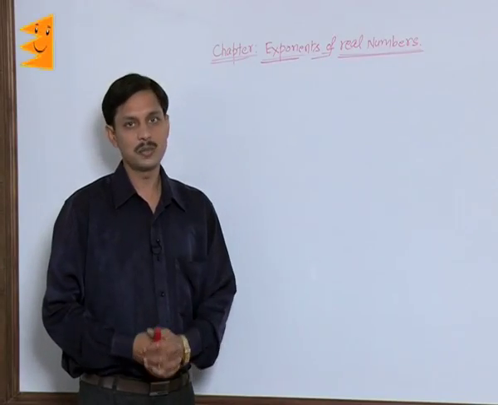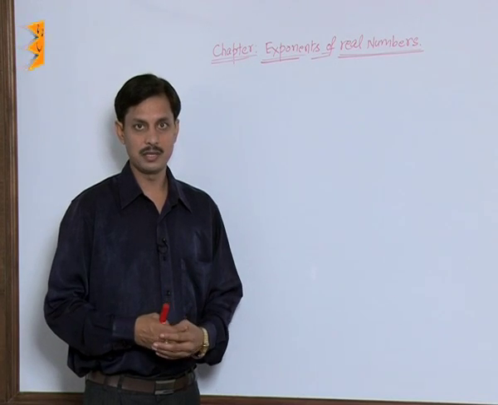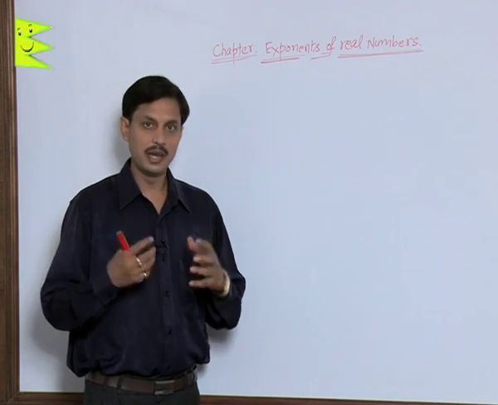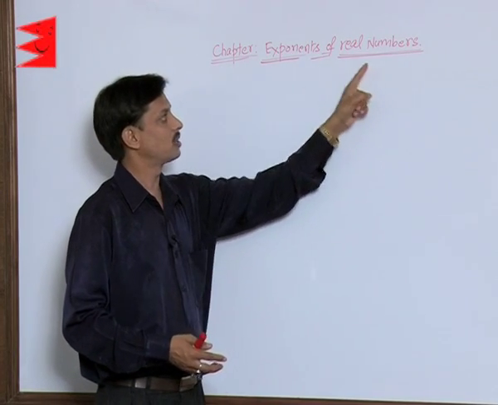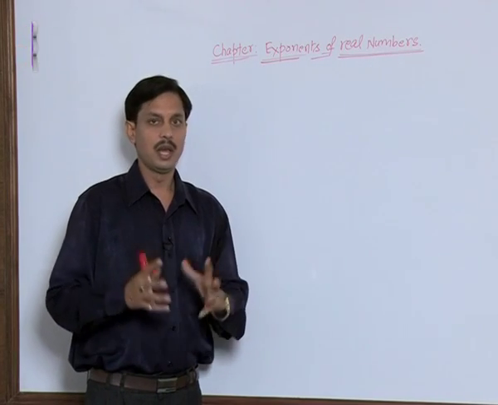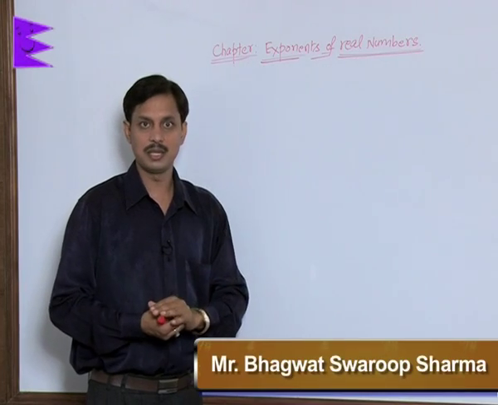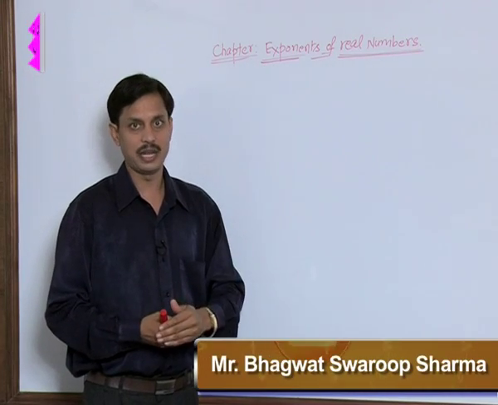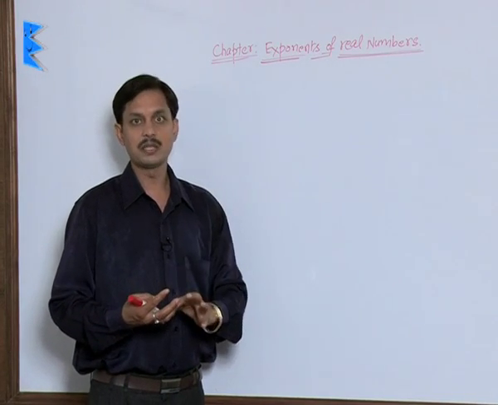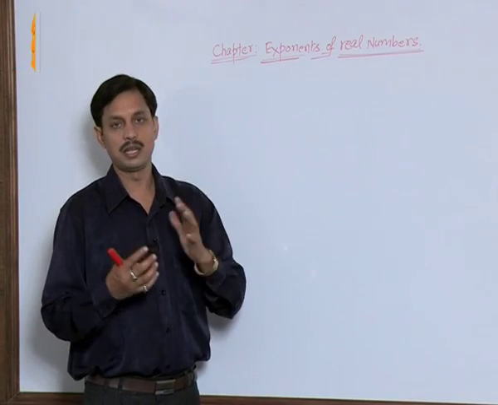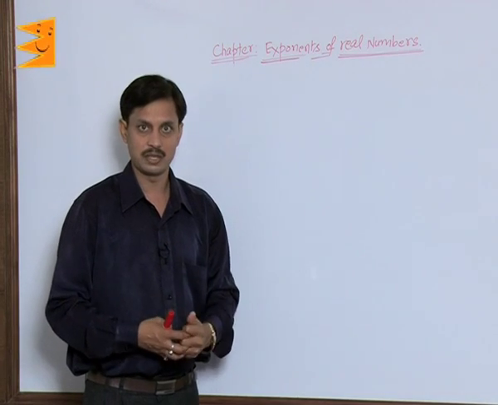Now I will discuss with you a new topic of the chapter number system. This is to be considered as the exponents of the real numbers. In fact, a lot of discussion in my previous lecture has taken place about the real numbers; numbers that may be rational or may be irrational are considered to be the real numbers.